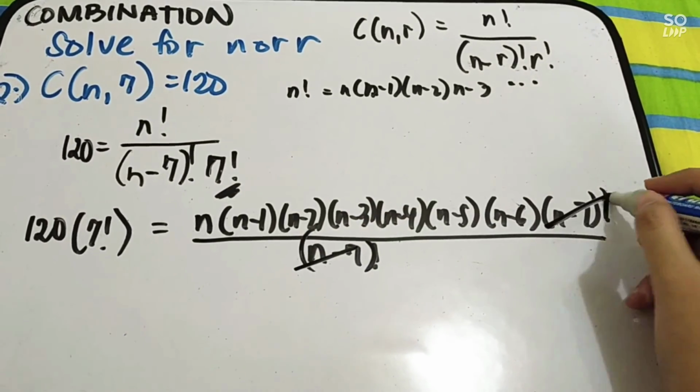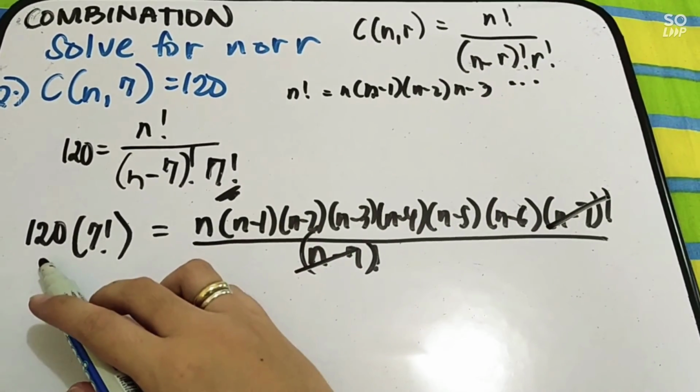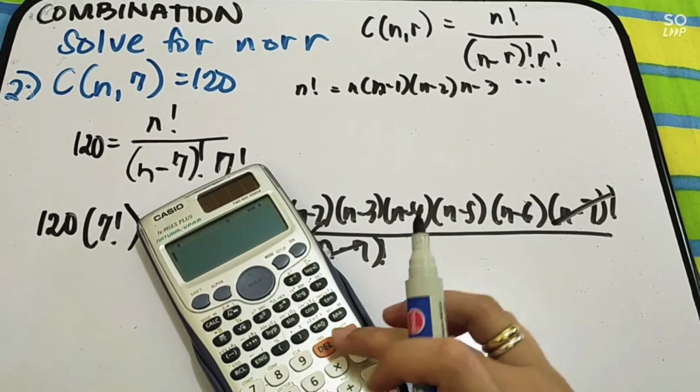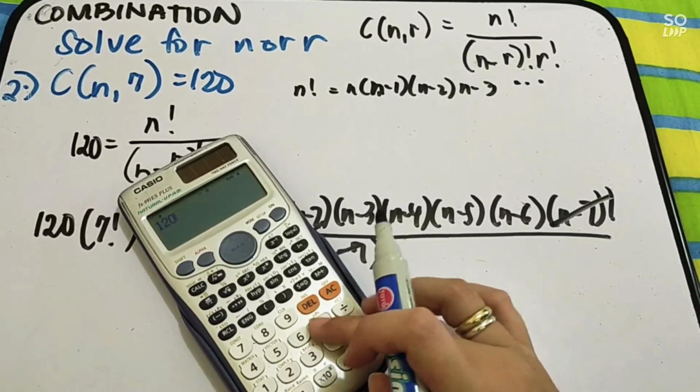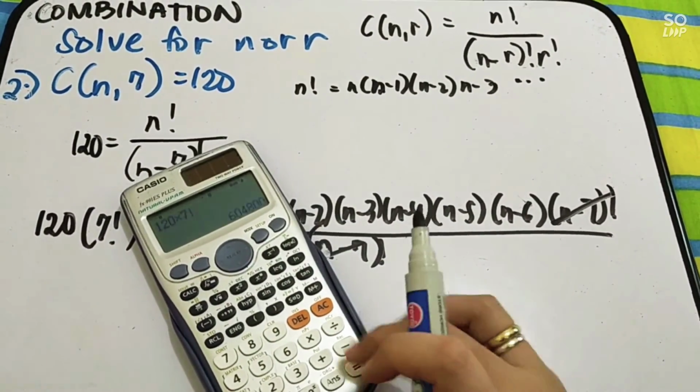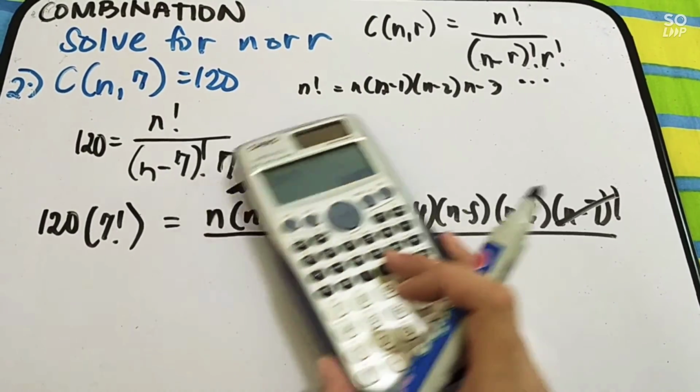Cancelled out. Okay? Then, let us multiply 120 times 7 factorial. Let us use calculator. It is equal to, ayan, 604,800.